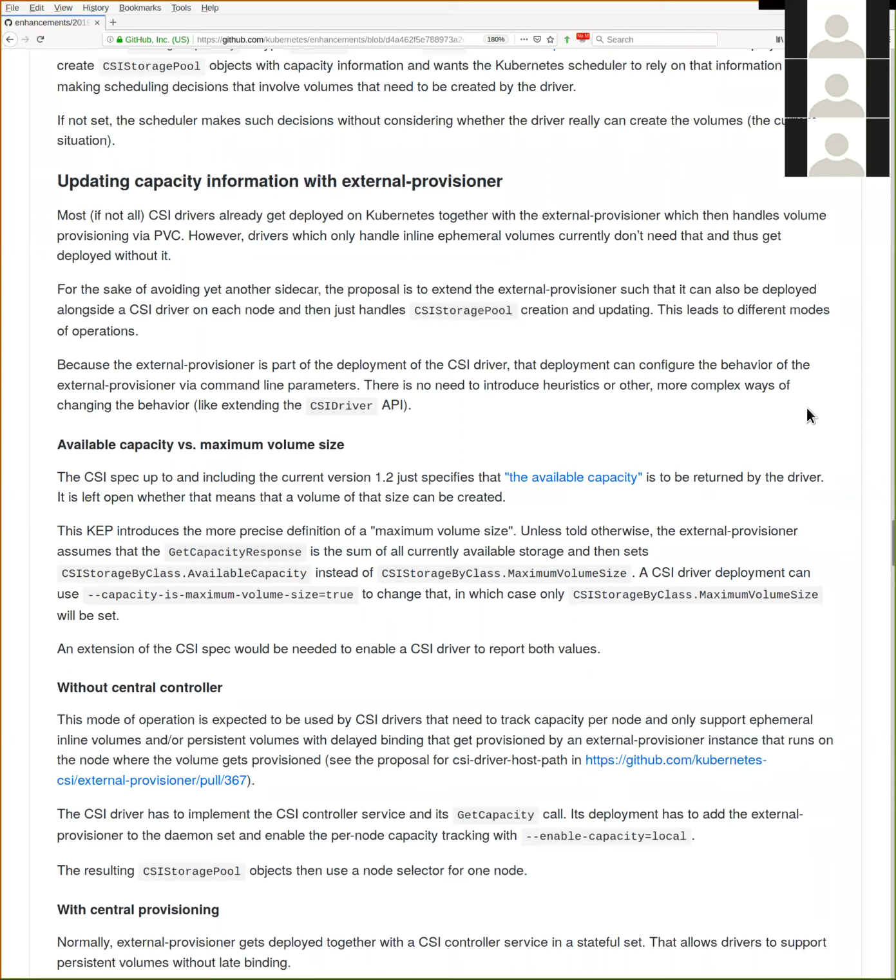Okay, so assuming you have a mechanism in CSI to get a list of storage pools, the external provisioner comes up, it says, give me the list of storage pools you have. It has A, B, and C. Then it iterates over the storage classes that exist in this cluster. And for each storage class that belongs to the driver, it does a get capacity call and gets the mapping from the storage class to the storage pool.